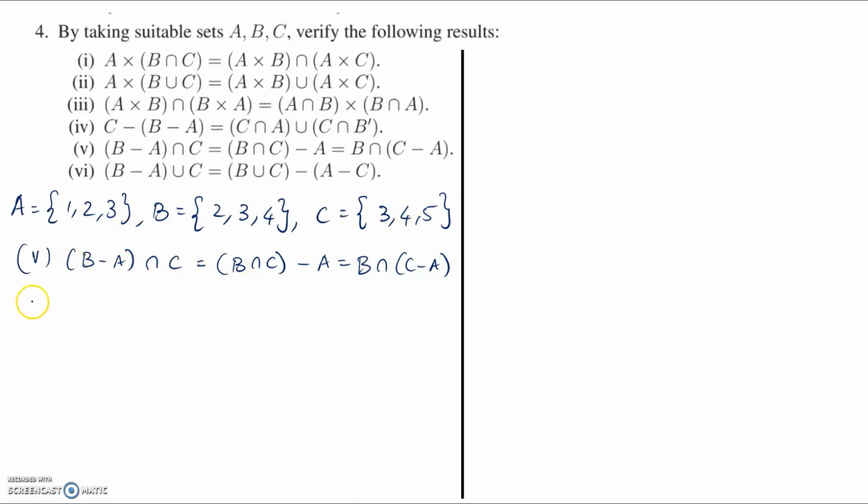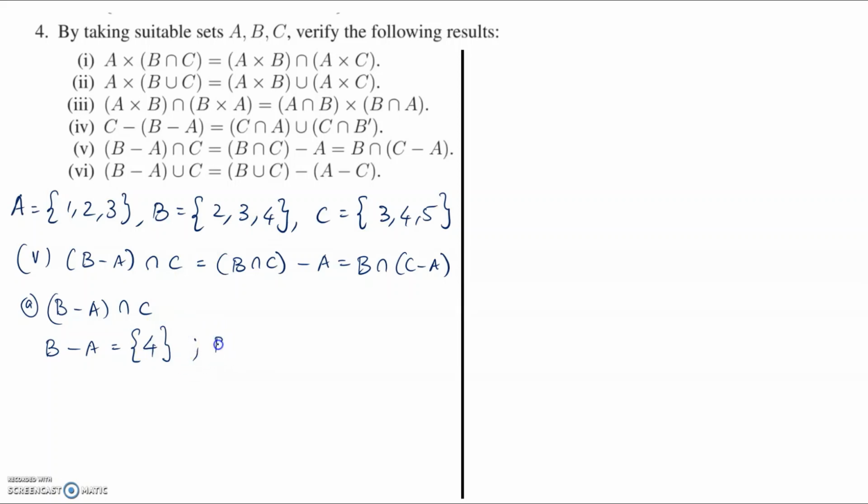So first, let me take B minus A intersection with C. So first we need to find B minus A. So items which are in B but not in A will be 2, 3 are in A, so remove them. So 4 is your answer.